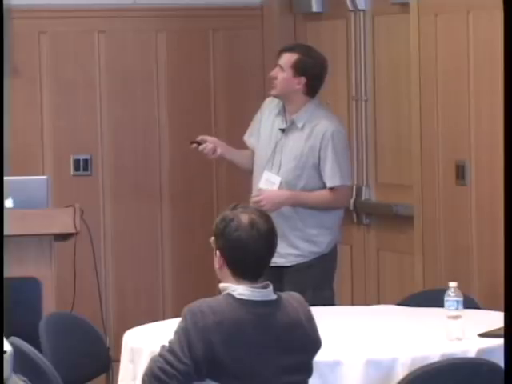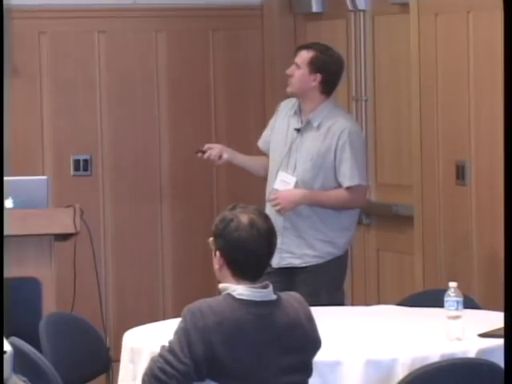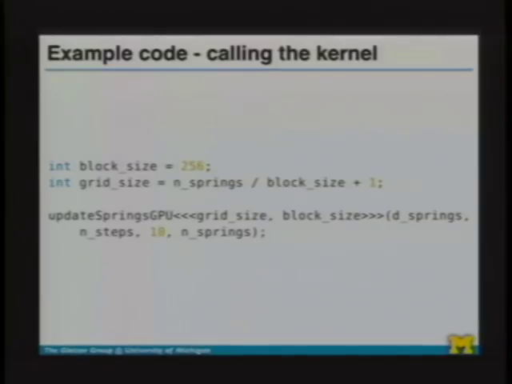Okay, and in good programming practice, you always check for errors after API calls because you will get very annoyed at debugging things if you don't. So the last part of the main function is to actually make the call. The first step is we need to tell it how many threads to run. Remember that the threads are split into blocks.